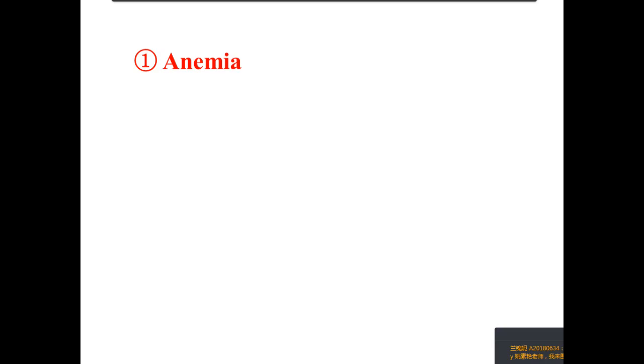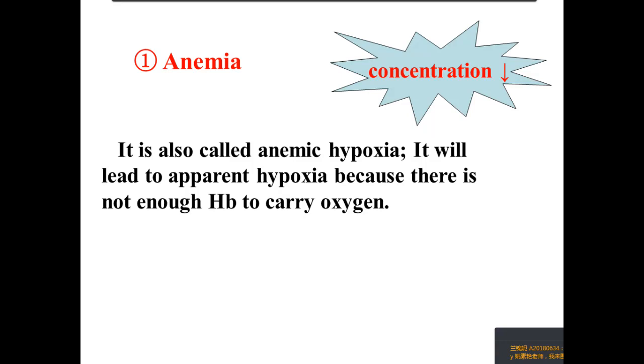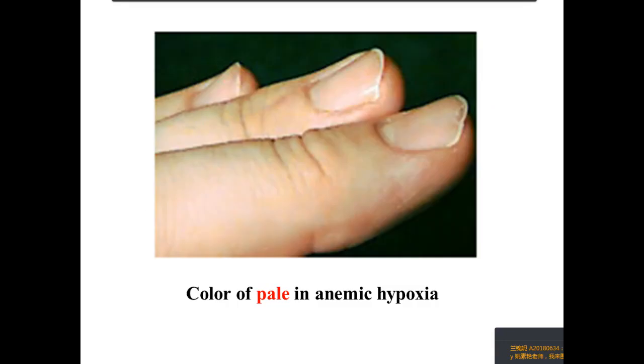The concentration of hemoglobin decreases, so hemoglobin combined with oxygen decreases, oxygen supply decreases, and hypoxia results. Now what color? Because hemoglobin decreases, the color is pale. The color of the nail and the lip is pale.